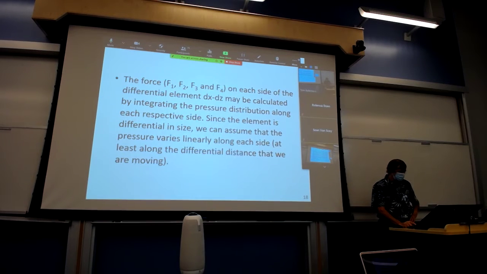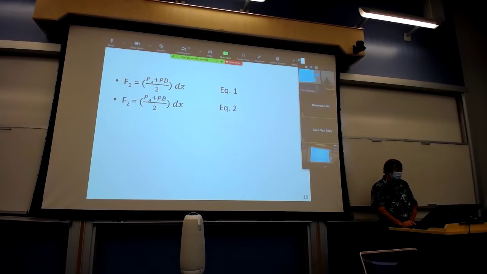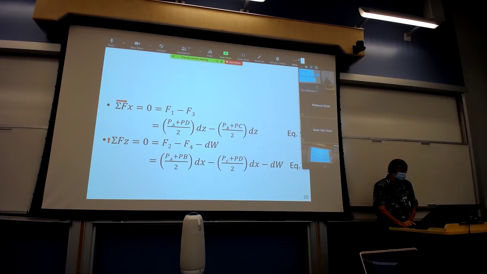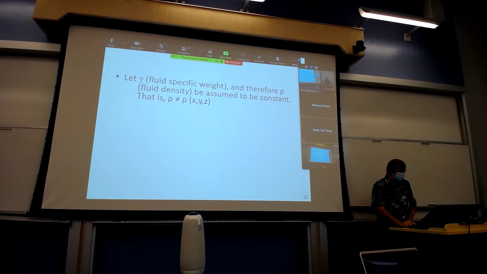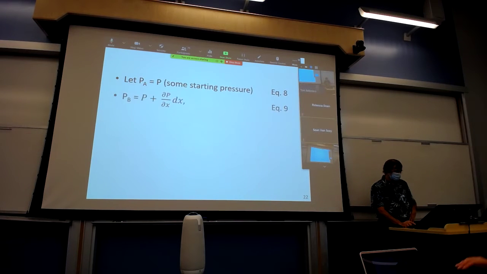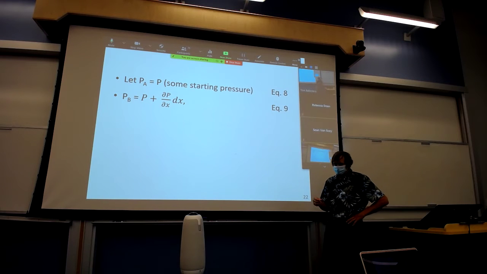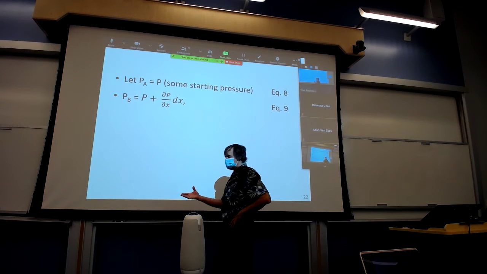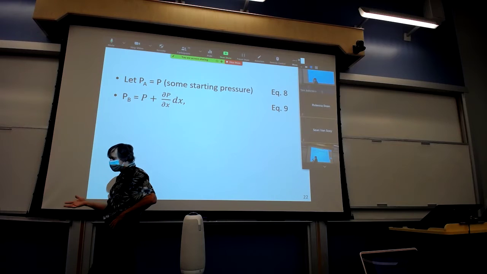So the next thing we did was, instead of looking at these pressures PA, PB, PC, and PD, we said, let's just say that we have at point A some pressure P, and then as we move in space, there's a pressure gradient.